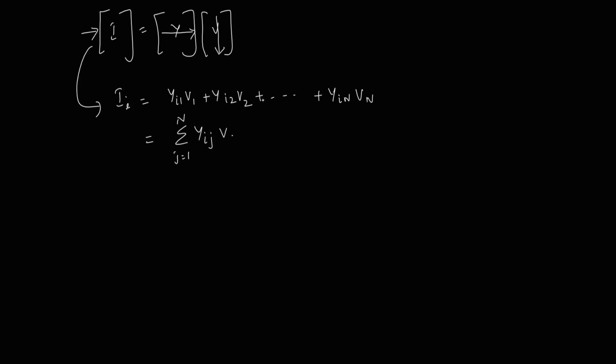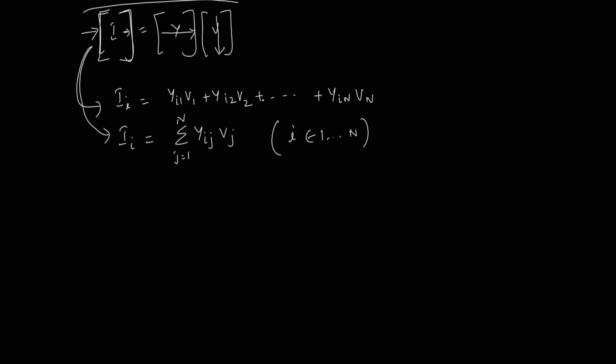This one equation is a short form representation of all the equations in matrix form, but I write down one equation. Now this i is running for all buses, that is, i belongs to 1 to n buses.